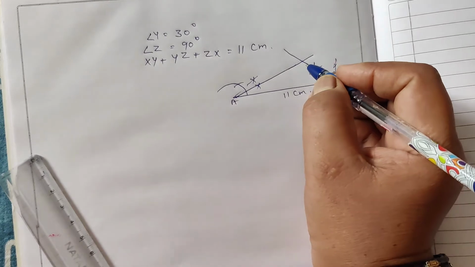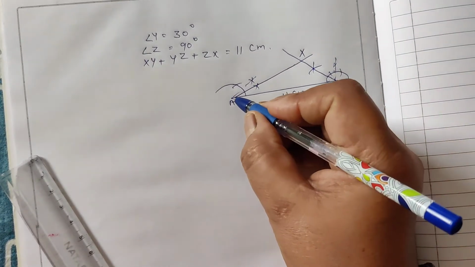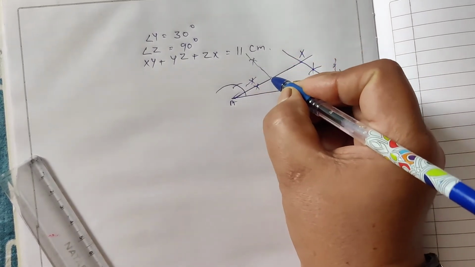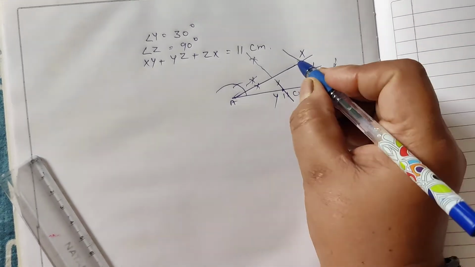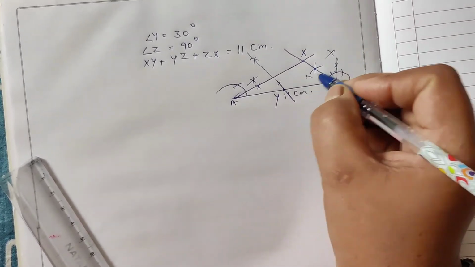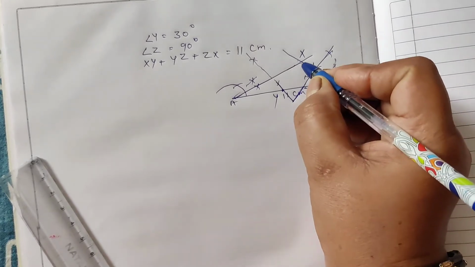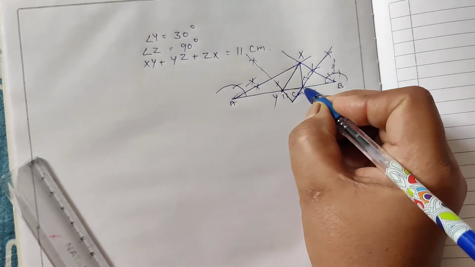This point, and meet at the point X. Now perpendicular bisect AX, and the bisector meets at this point Y. And perpendicular bisect BX and meet at a point Z. Therefore, XYZ is the required triangle.